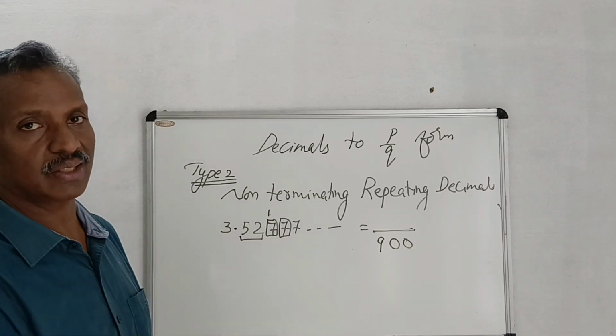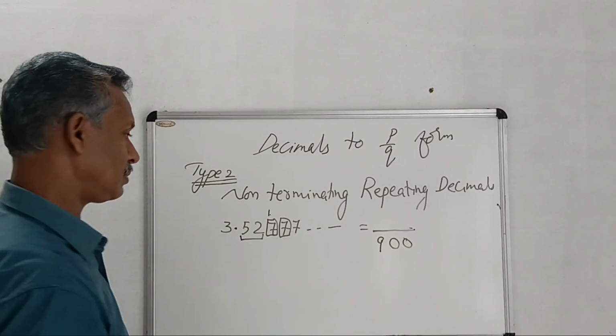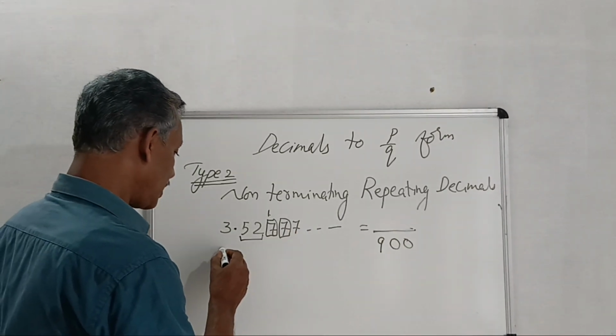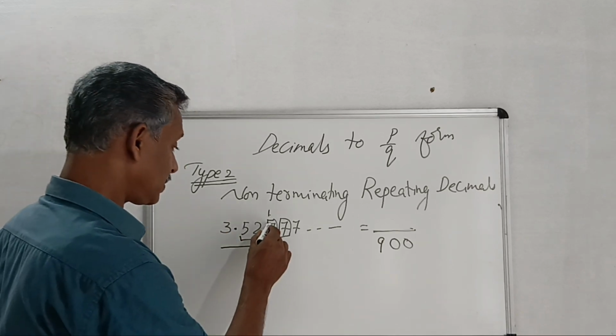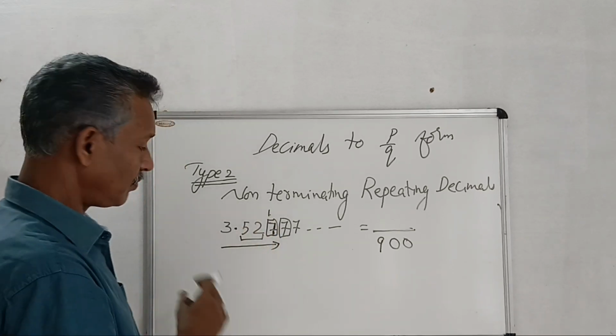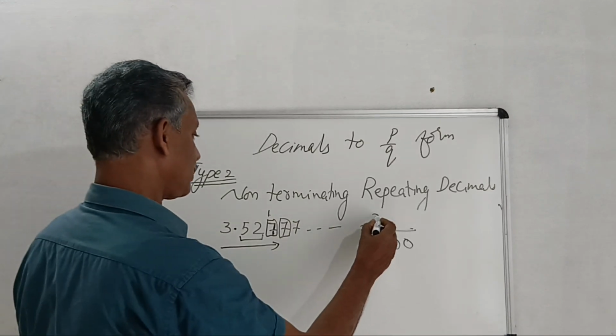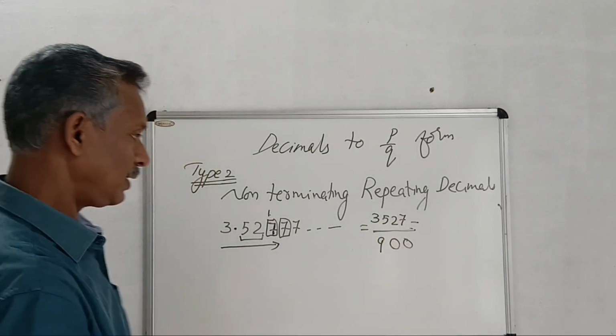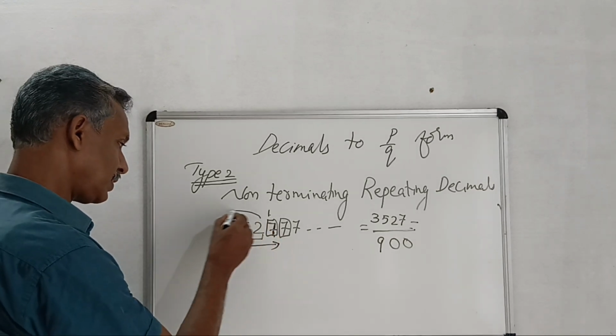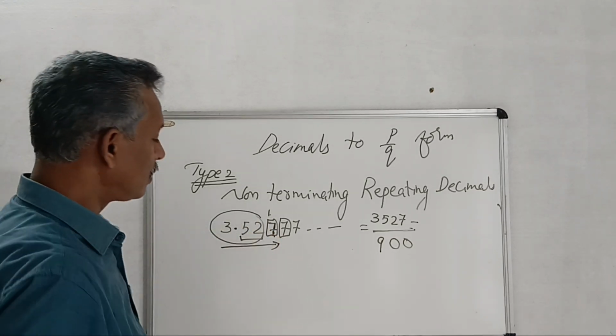As we were doing in the terminating decimal, the same method. Then you have to write up to the first repeating group. What is the first repeating group? First 7. Without decimal you have to write 3, 5, 2, 7. Minus. Excluding this 7, what is before? 352.